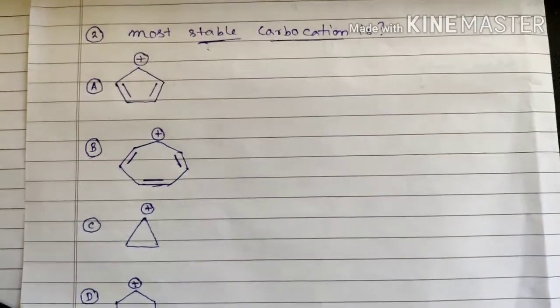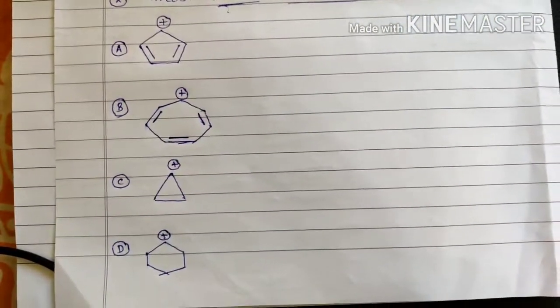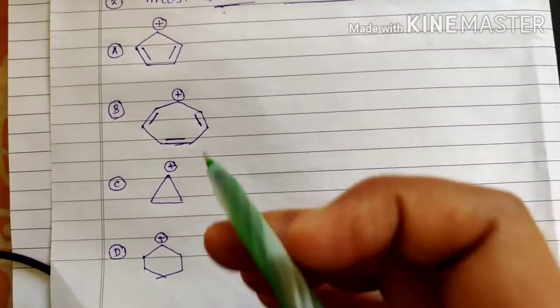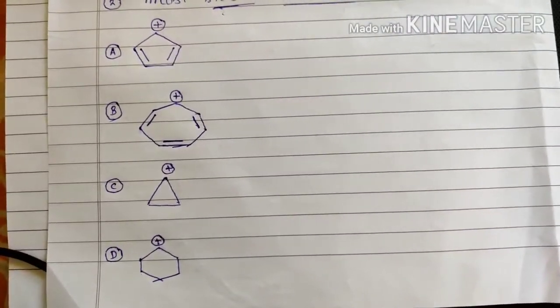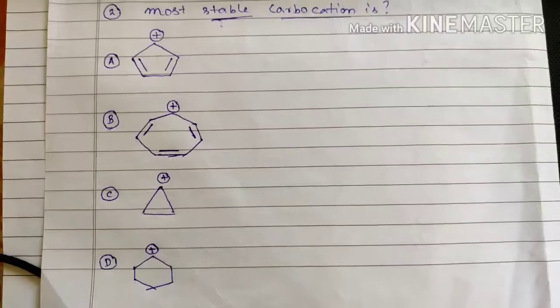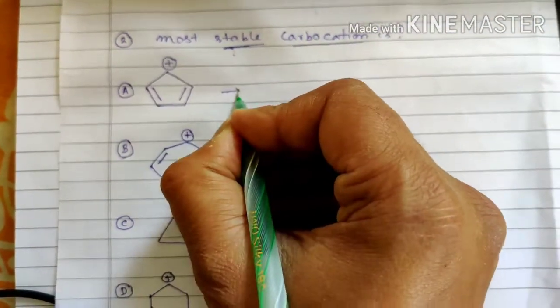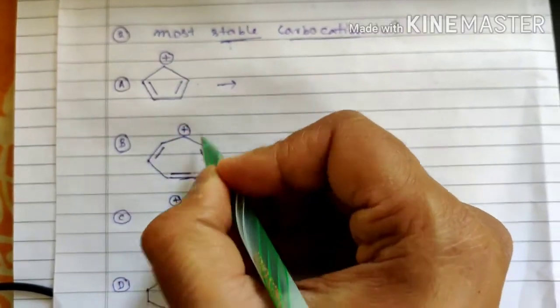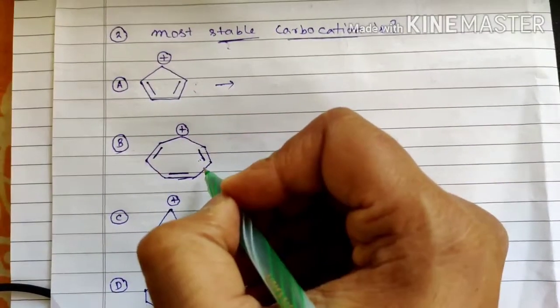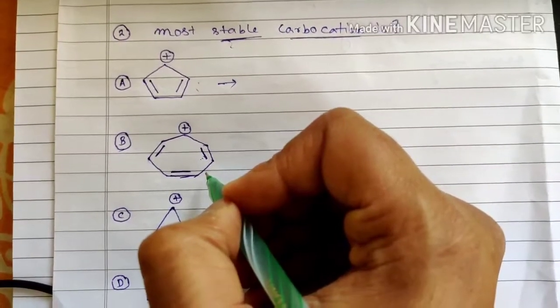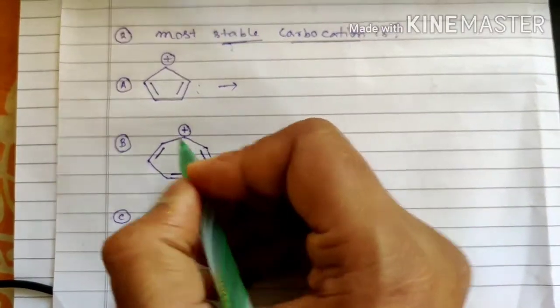The next question for today is the most stable carbocation among these four. Carefully see the questions. All of these are cyclic structures, so if we have to compare the stability among them, let us see the first case. First of all, these two are having the double bonds within the cyclic structures, so obviously the chances of getting resonance stability are more.